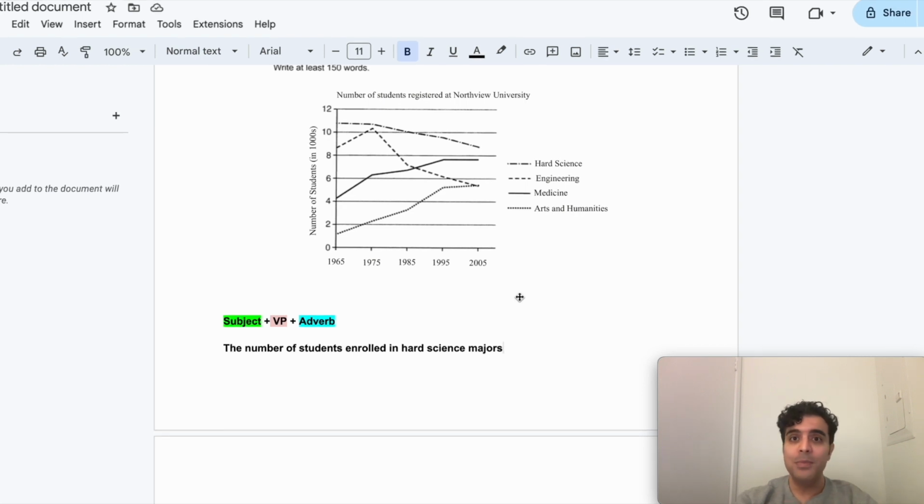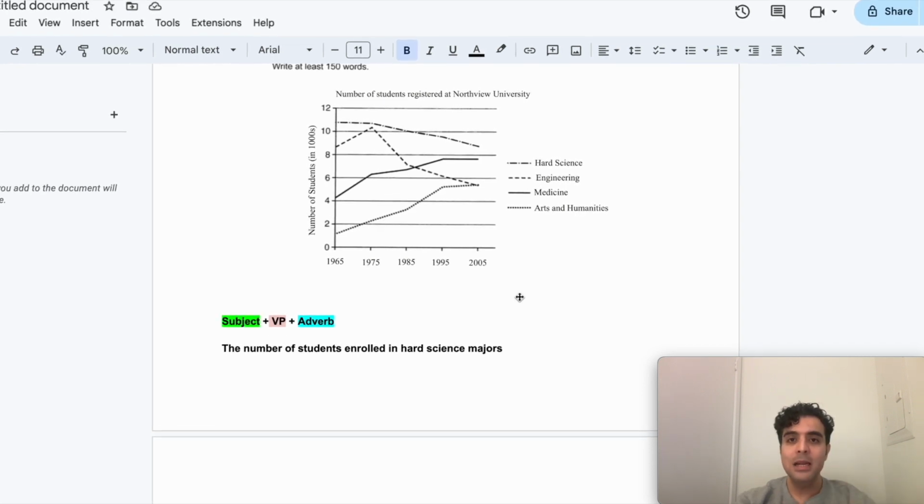Sometimes students forget and they end up writing sentences that are really meaningless, because when you say the number of students increased or decreased, which group, right? So you need to be specific. The number of students in hard science majors. Okay, so I need a verb. I can use decreased, declined, fell, dropped, right?